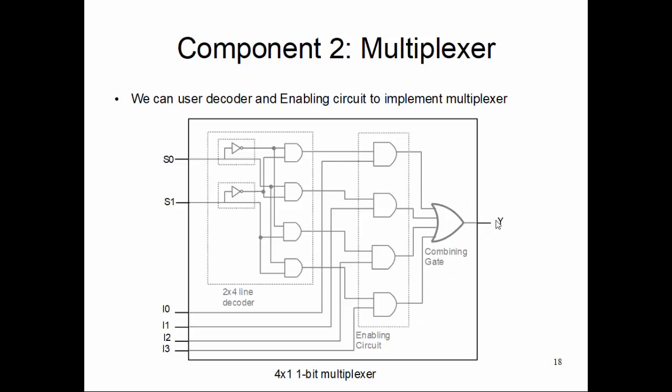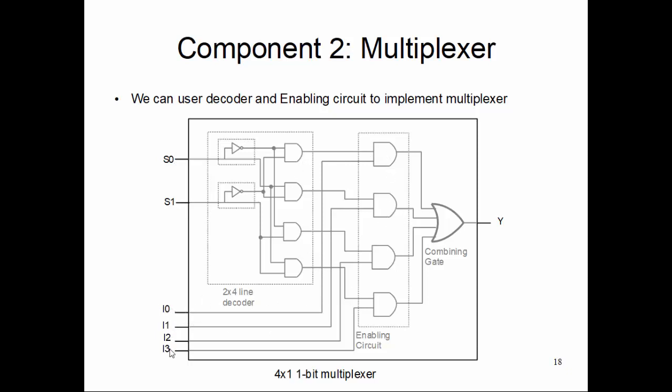So we are using a circuit similar to the 2x4 line decoder with enable, with an additional OR gate to combine the results. The 2x4 line decoder is driven by my selection signals S0, S1, and on the enable side, we connect each AND gate with I0, I1, I2, I3.